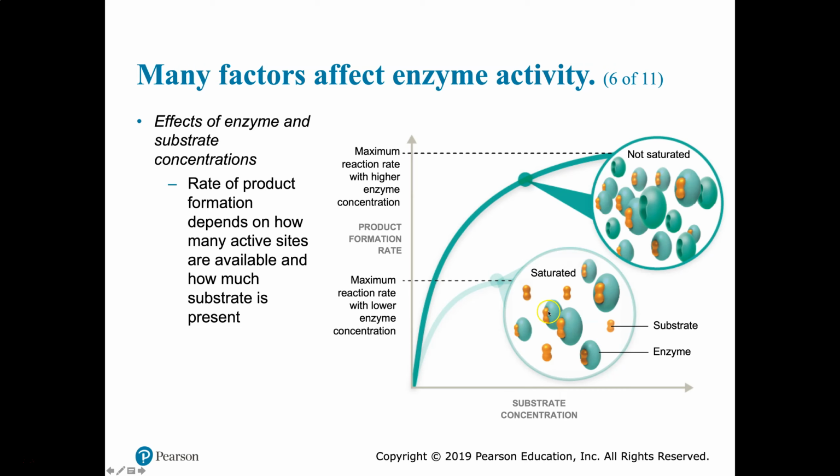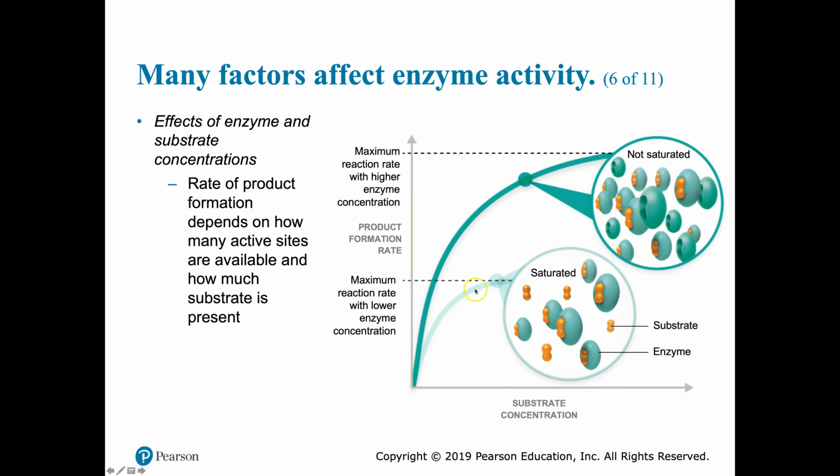So there's only 6 active sites, and let's say there's, I think, 9, 10 substrates. Well, if there's only 6 active sites, only 6 of them will bind. And you'll have some substrates that just float around and don't do anything.